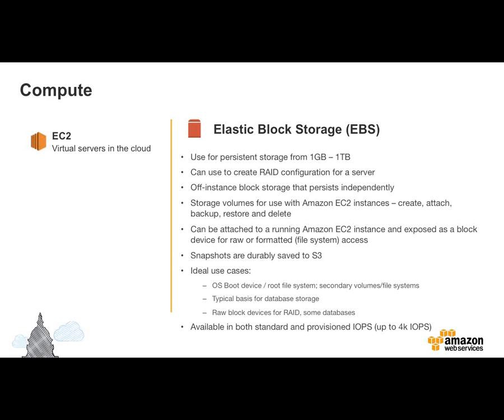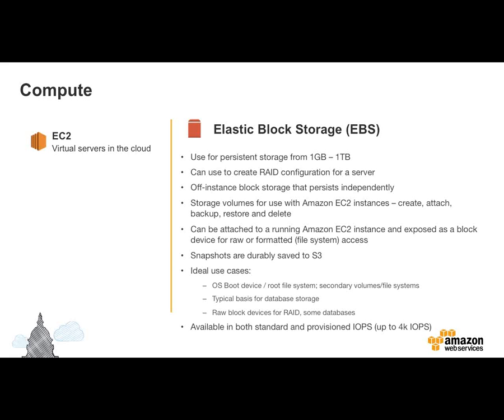You can snapshot those instances, which means that once it's snapshotted, the volume is saved to S3, and S3 is 11 nines of durability, so it's great for doing backups that way. And the EBS storage is exposed to the instances as a block device.